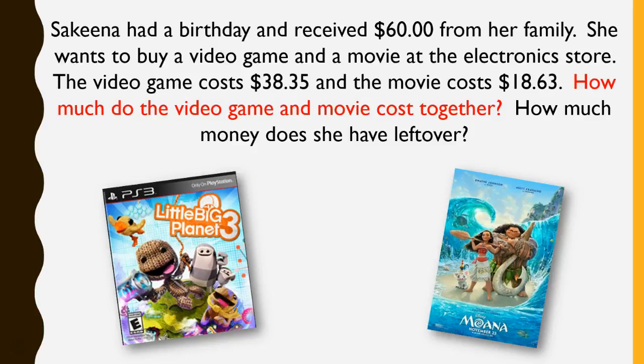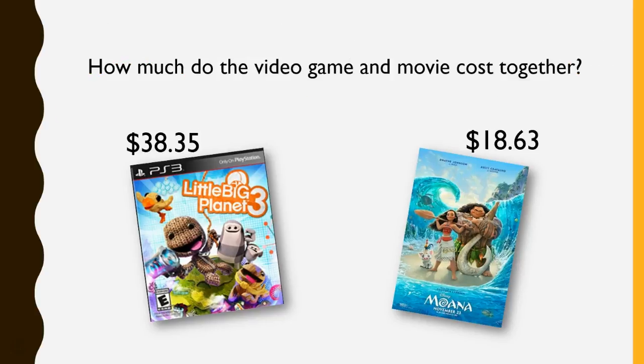So we're going to do that one first. So here's our question, and here's how much each of these things cost. So what are we supposed to do with those 2 numbers? Well, our key word here is together, right? Together means we're going to put them together. We're going to add them.